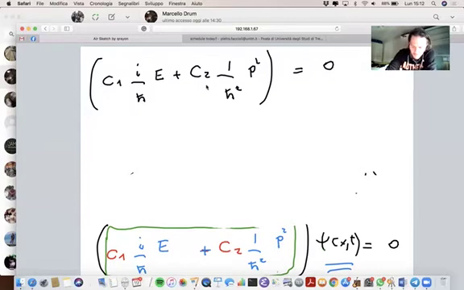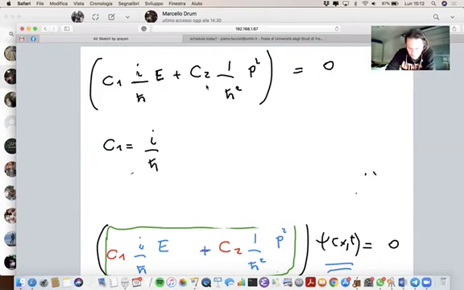So the first thing we understand is that C1 must include an i and an h bar, because the i must cancel the i that sits here, giving an overall minus sign, which will be used to cancel this. And then I have some redundancy. I can set C2 to 1 and then rescale C1 at my taste.